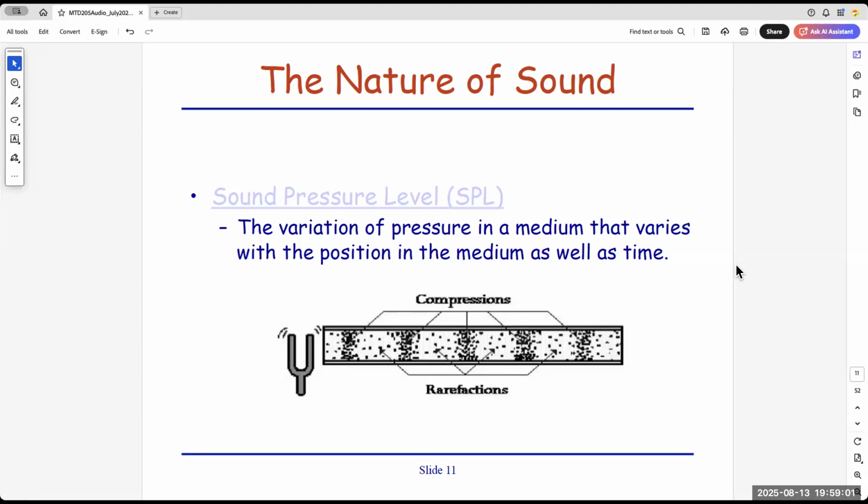This course is just an introduction. Today is the first lecture, and a lot of it has not reached the examination part yet. So it gives you some introduction about what sound is, the nature of sound, and eventually the next topic is called sound pressure level.